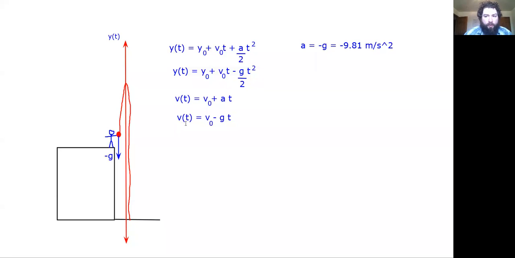Okay, this also tells us that we will know the velocity at any point if we know t, given the initial velocity. So that's great.